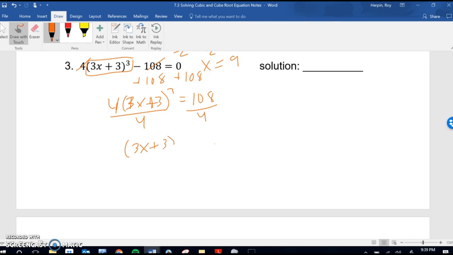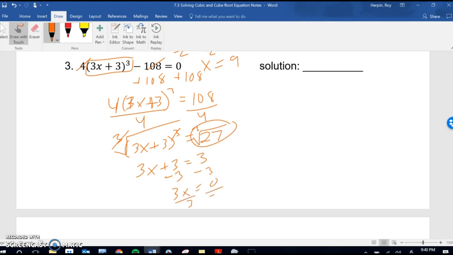So I have (3x plus 3) cubed equals 27. And now that this is isolated, I can cube root both sides. So that gets rid of the cubed, and I'm just left with what was inside, 3x plus 3 equals the cube root of 27, which is just 3. Now I'm just solving for x. So subtract 3, 3x equals 0. Divide both sides by 3. I get x equals 0. That is my solution. Voila.